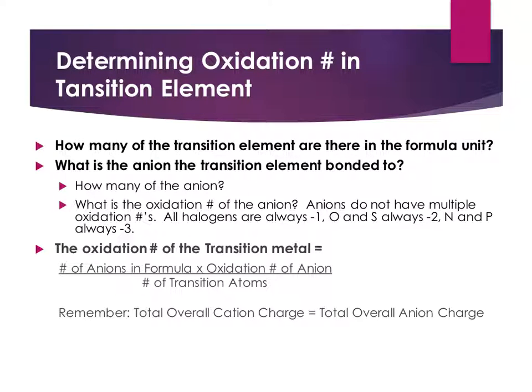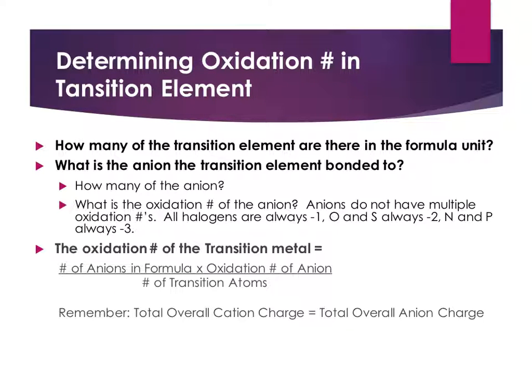So then it's very straightforward. The oxidation number of your transition metal, and remember this is the key equation here, is the number of anions in the formula times their oxidation number, which gives you the overall number of negative charges in your formula, divided by the number of atoms of your transition element.